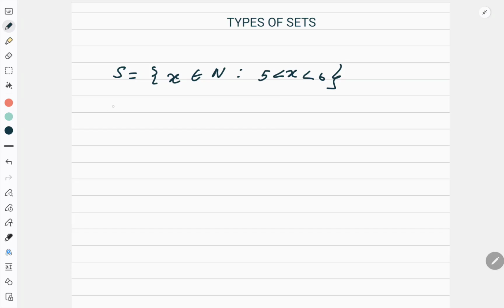Okay. Now think about this one. Suppose I am defining a set P in which I have the elements such that x is an even prime number greater than 2.